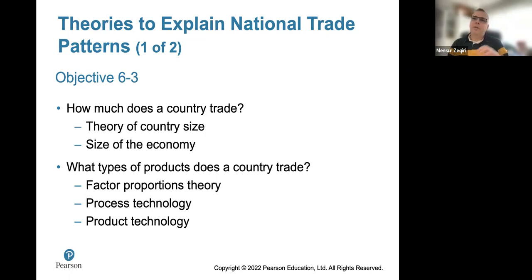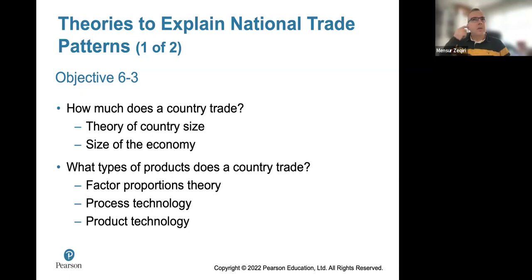However, when we talk about tradable goods, it's important to use these theories to explain why some countries depend on import and export more than other countries. And this is what the theory of country size explains. According to this theory, countries that have larger land masses usually depend less on trade than smaller ones.